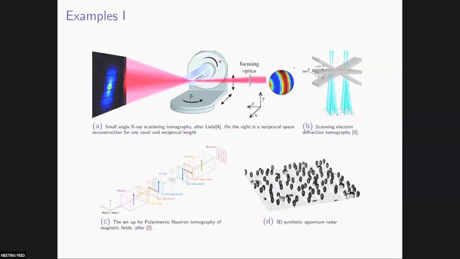What they do is they have a focused beam, which they raster scan, and then they rotate the object around 2 axes. And for each of those beams, they measure a whole diffraction pattern. Right? So that's a lot of data. And the idea is at each point in the voxel, you can imagine there's a function in reciprocal space, so in the Fourier transform variable, that gives the preferred orientations of the crystals, for example, in that structure.